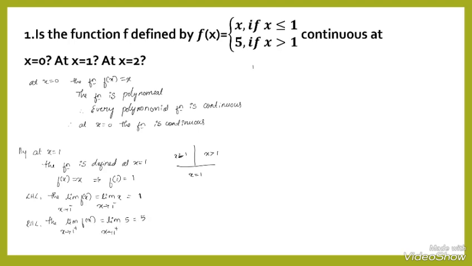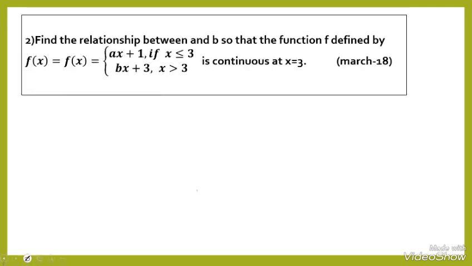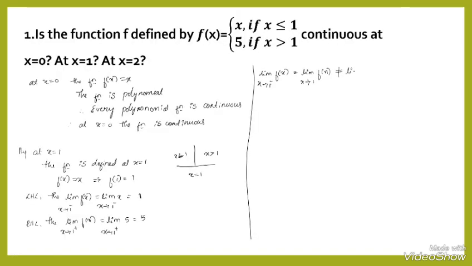I am writing here: the limit as x tends to 1 minus of f of x, the left hand limit, is equal to the main function, the limit as x tends to 1 of f of x, but both values are not equal to the right hand limit, the limit as x tends to 1 plus of f of x.